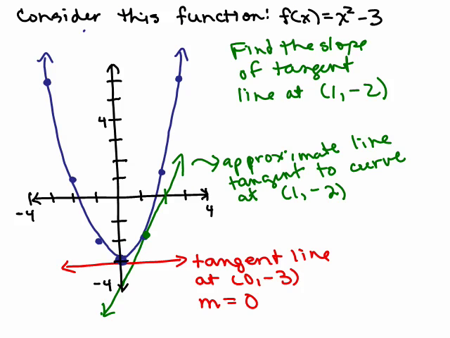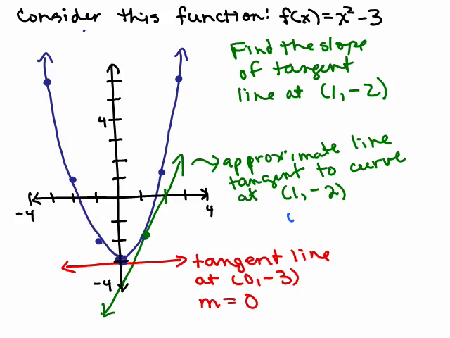This is where we started. We considered the function f of x equals x squared minus 3, and then we were just estimating where the tangent line might be at the point (1, -2). Remember, we said the tangent line down here, the red line, at (0, -3), the slope of that tangent line was 0. And then we were trying to find out what the slope of this green line is. So we were trying to draw a tangent line. And so the question: does it look like what we just came up with?